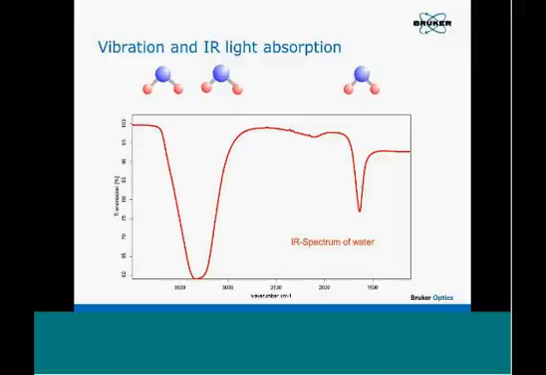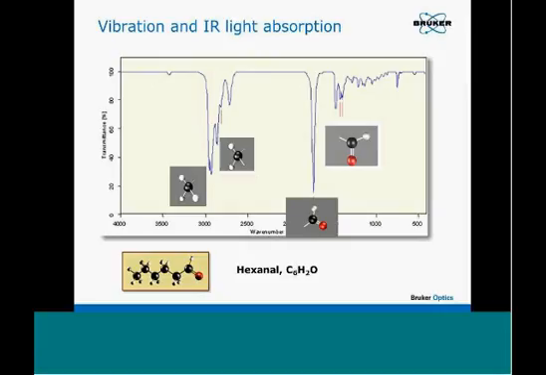How about a more complex molecule? This is an example of hexanal. It is a more complex molecule, and of course a more complex spectrum. Each individual band in this spectrum can be assigned to a specific vibration. For example, the band around 1650 wave numbers is related to the carbonyl stretching vibration.